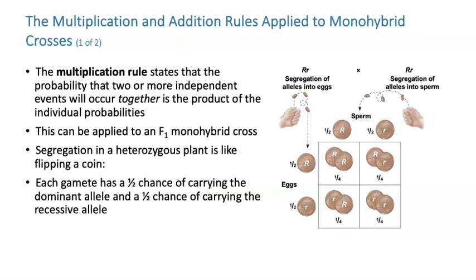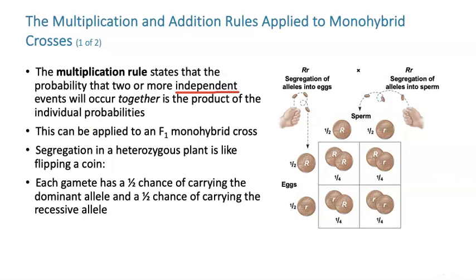So we can use 2 separate rules to help us figure out probabilities. The first rule that we're going to learn is the multiplication rule. The multiplication rule says that if you have 2 or more independent events that are going to occur at the same time, like you're flipping 2 coins at the same time, you just multiply the probabilities together.